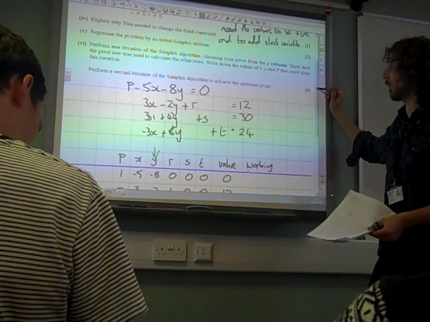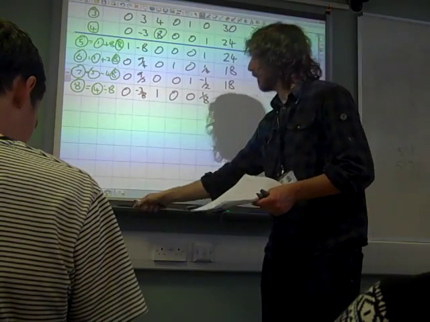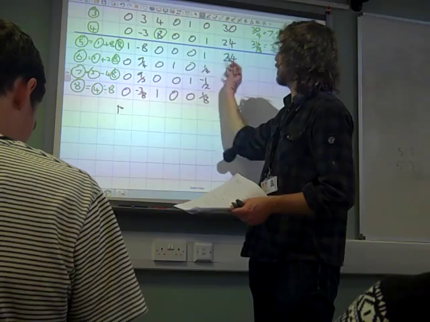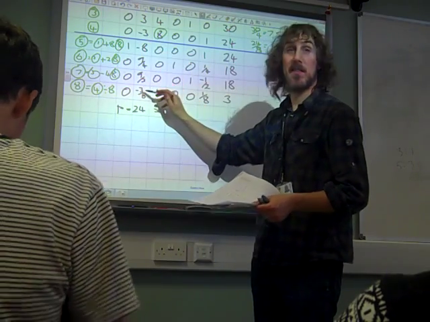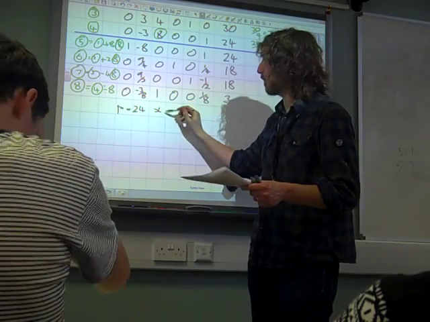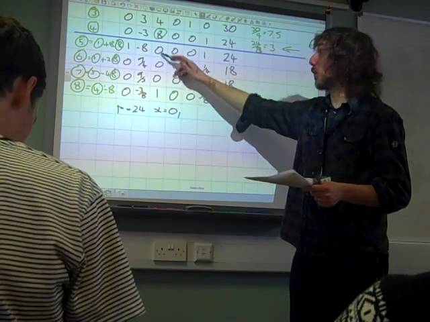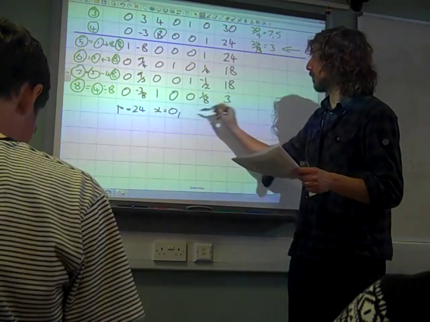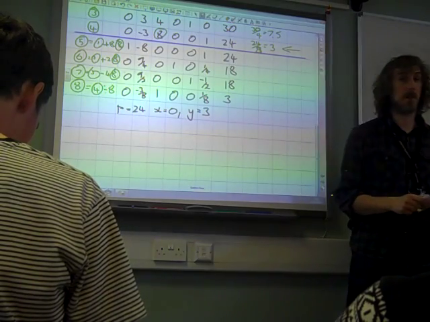Write down the values of x, y and p that result from this iteration. P is currently 24. X is 0, we've got numbers in that column. And y is 3. There we go, so that's where we are at the moment.